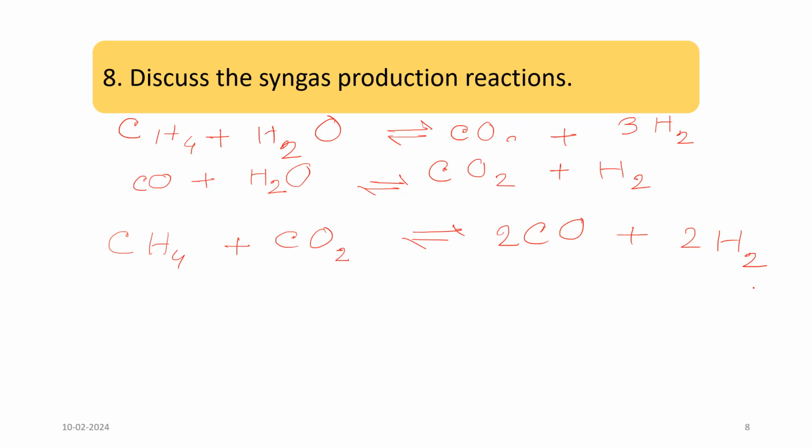There is the decomposition of methane. At high temperature, because the first reaction, steam reforming, is highly endothermic, the water gas reaction is mildly exothermic, and the last reaction, dry reforming, is also highly endothermic, the temperature inside the reactor is very high.